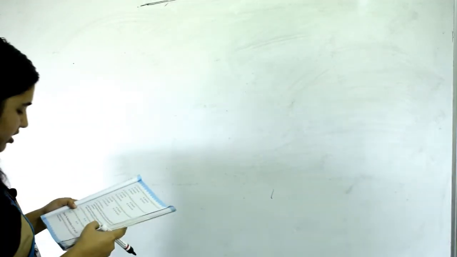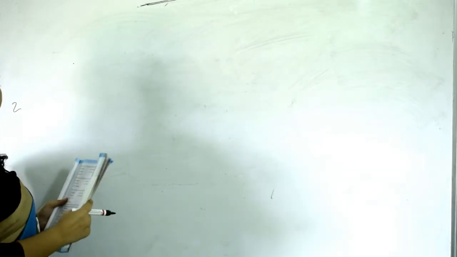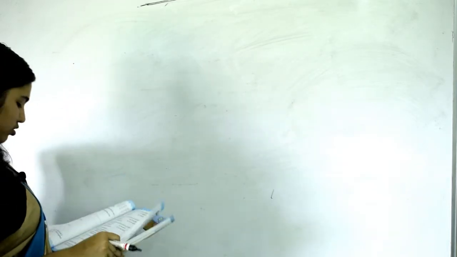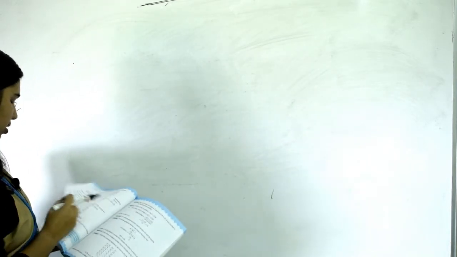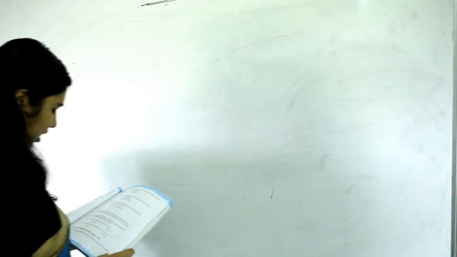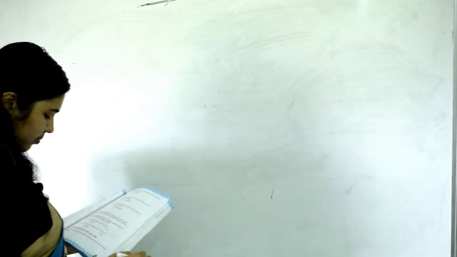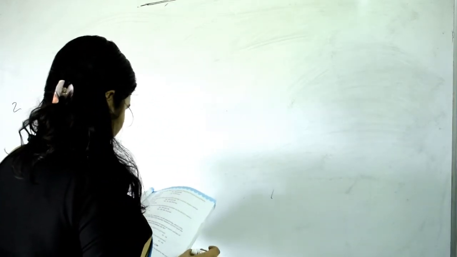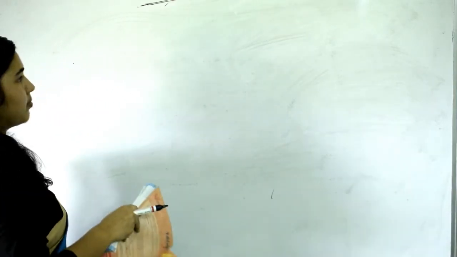Now we have to know what is the relationship between HCF and LCM. The relationship is that the product of HCF and LCM of two natural numbers is equal to the product of the two numbers.